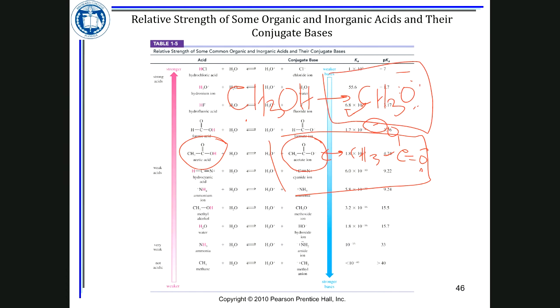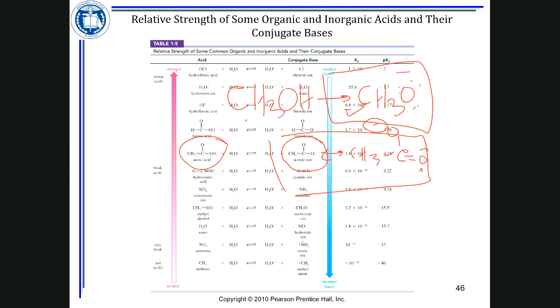So with no resonance, versus acetic acid with two resonance structures, the conjugate base from acetic acid is a lot more stable because of the resonance. And because it's stable, that goes back to the strength of the acid. The acid is stronger if the conjugate base is stable. So acetic acid is stronger than methanol.